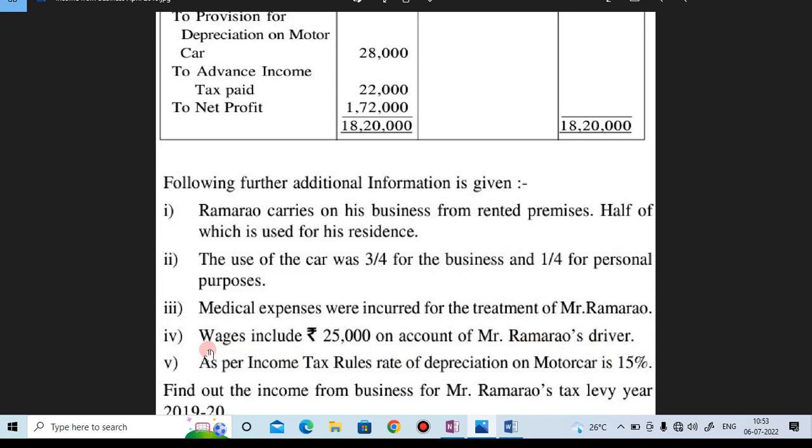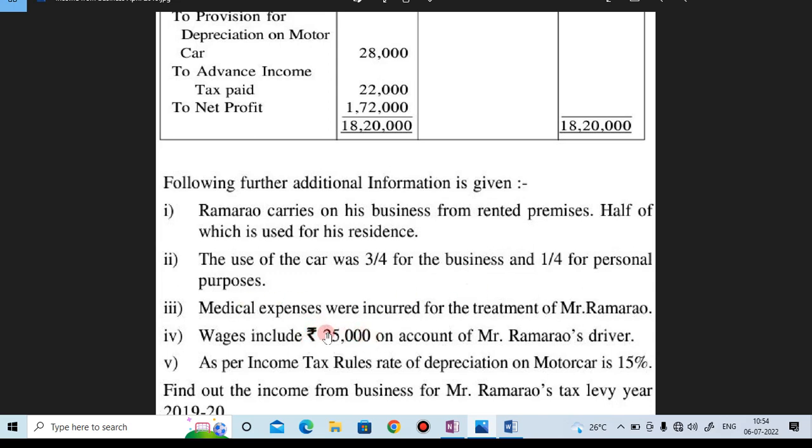For this adjustment we also have to take the information of adjustment number 2. The driver is related to the motor car, as the driver drives the car. The car is used 3/4 for the business and 1/4 for personal use.